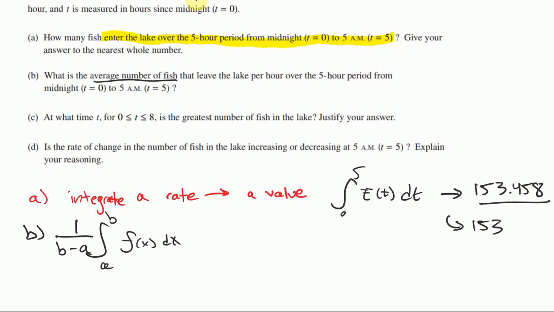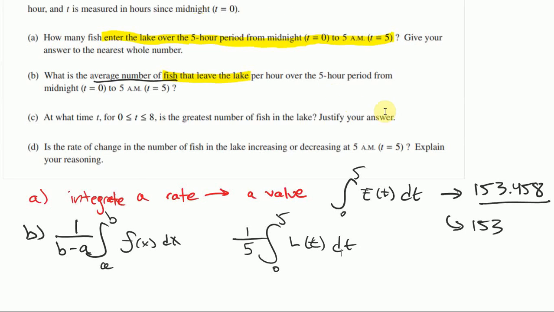And it's asking about the fish that leave the lake, so f of x will be our L of t. So we're integrating from 0 to 5, and that's going to be 1 over 5 minus 0, which is 5, times the integral of L of t dt.